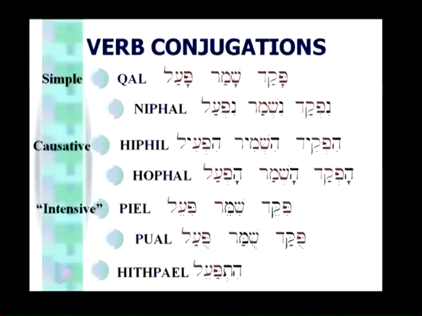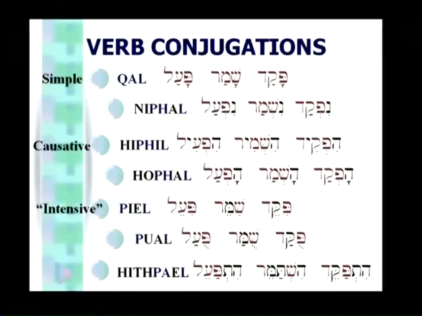And then hithpa'el, he made himself. Hishtamer, he kept himself. You'll see a transference there of the two letters. We'll talk about that later on. And hithpaked. So the hithpael has the hith on the beginning of it, and it has the same vowels. Hithpael, hishtamer, hithpaked.